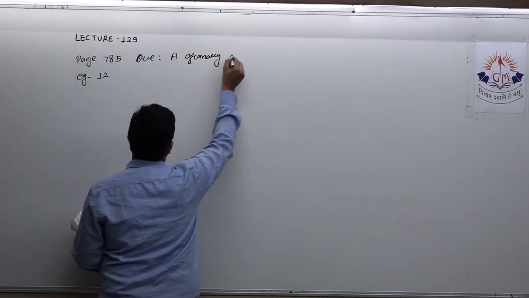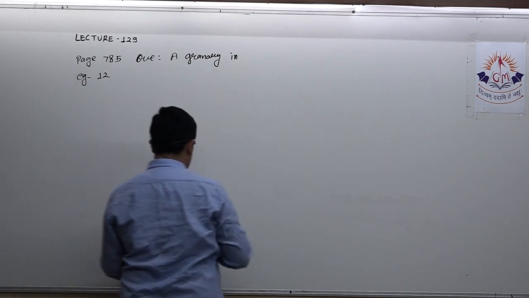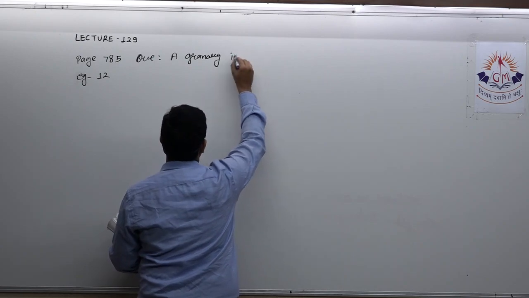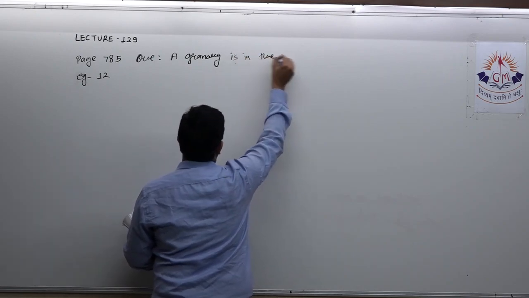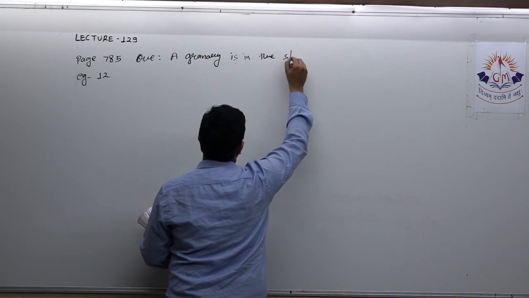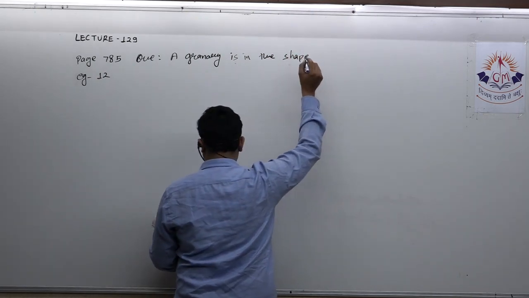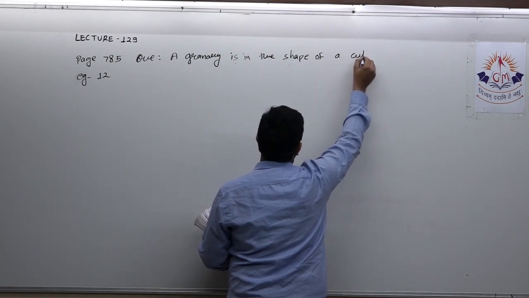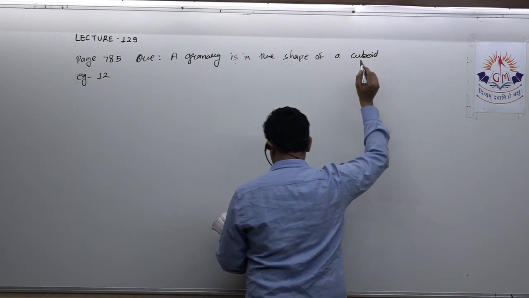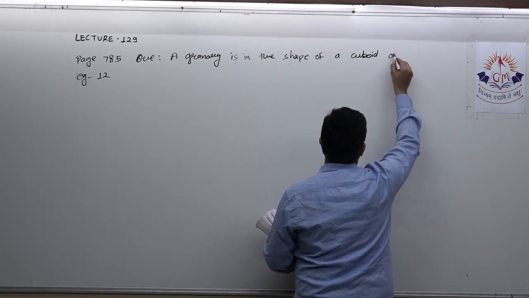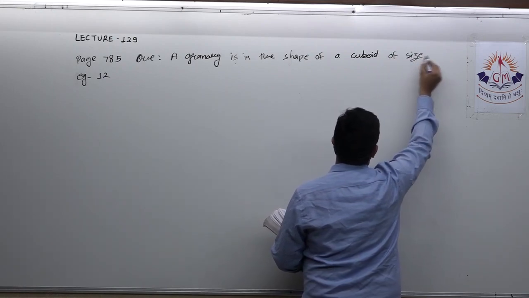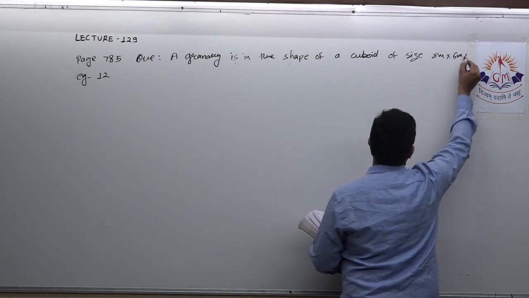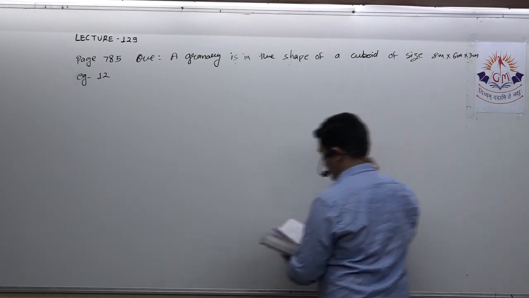A granary is in the shape of a cuboid of size 8 meter by 6 meter by 3 meter. A granary is where we store the grains.